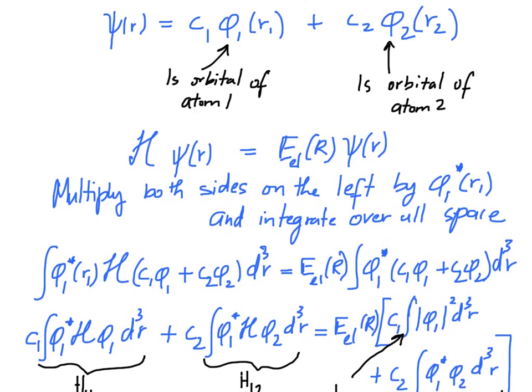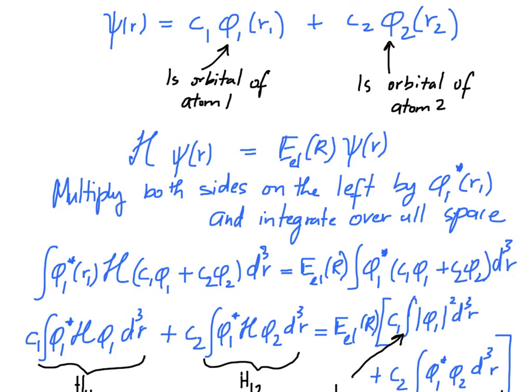We find that C1 is either equal to C2 or C1 equals minus C2. So we substitute the first solution, C1 equals C2, into this equation up top. If C1 equals C2, we can replace C2 by C1, so our solution for the wave function is going to be C1 phi1 plus C1 phi2.